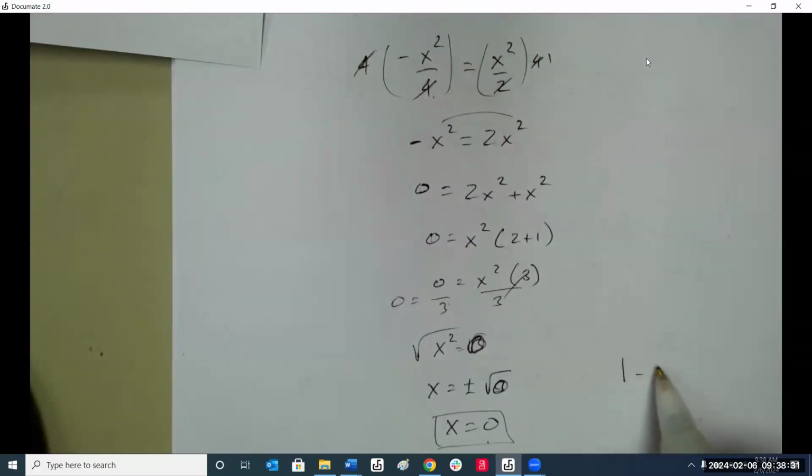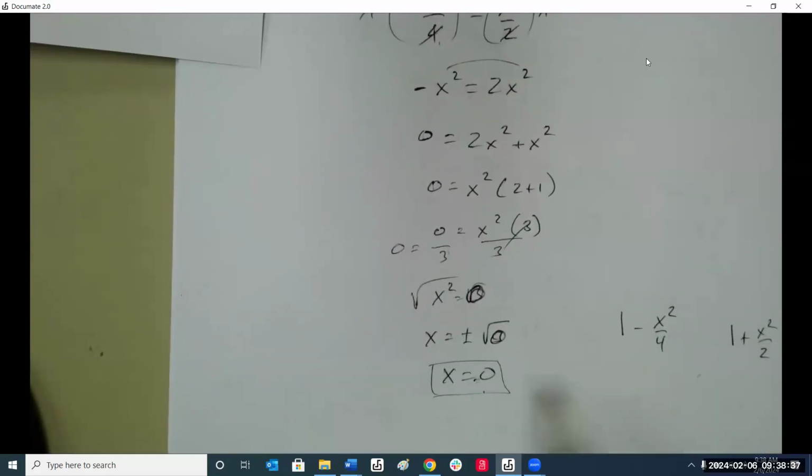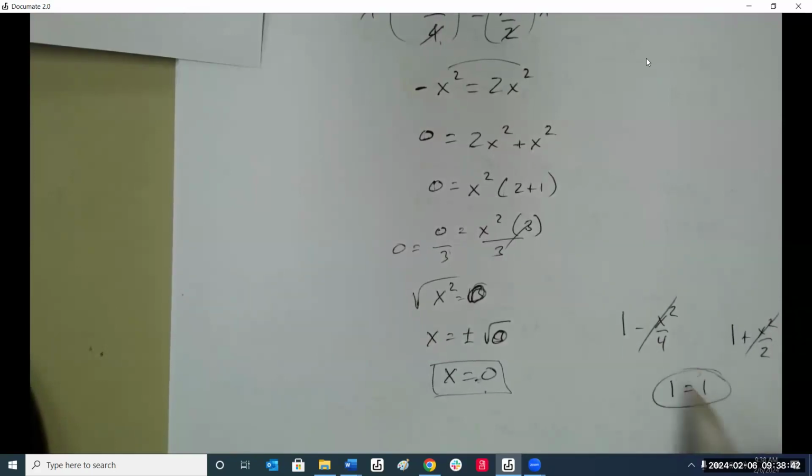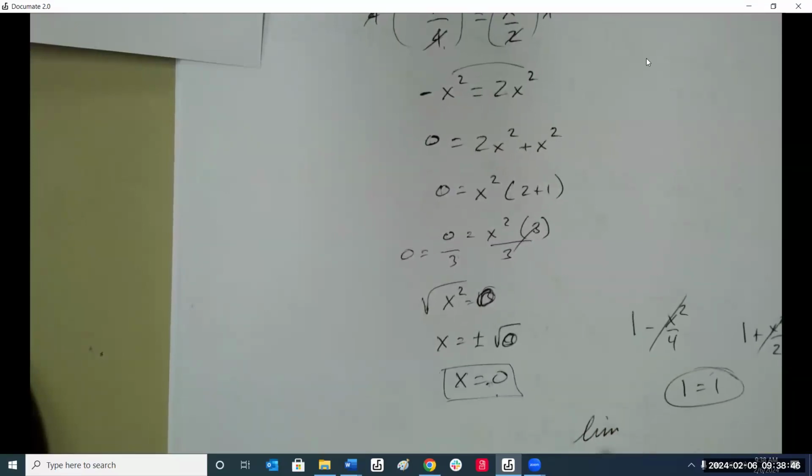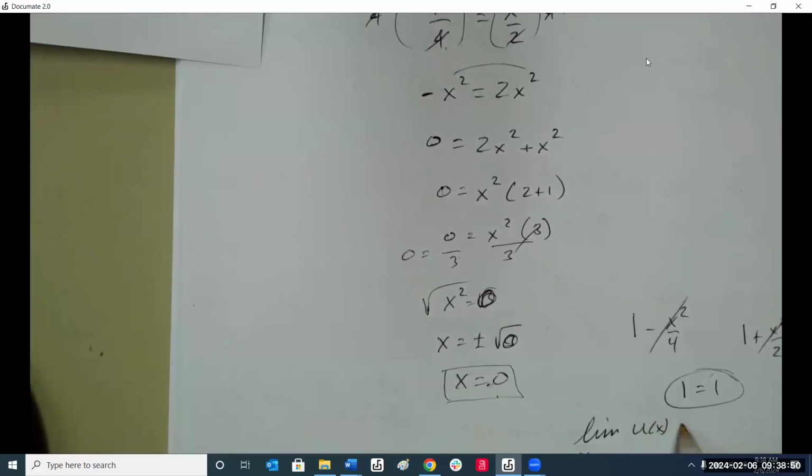Remember, we had 1 minus x squared over 4, and then 1 plus x squared over 2. When x is 0, that disappears, that disappears. So the limit as x approaches 0 of u of x is 1.